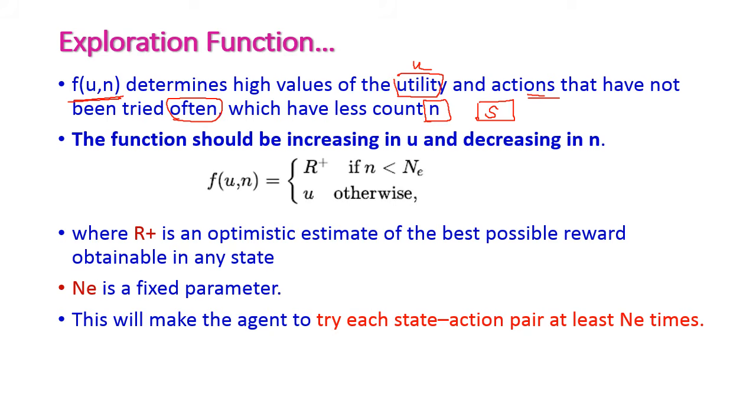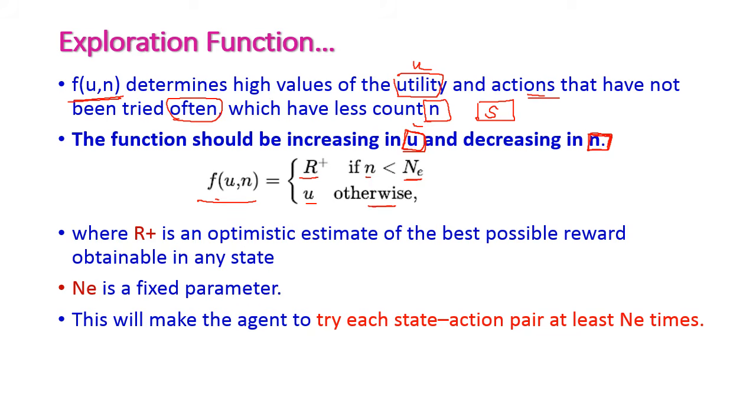Here the function should increase with the u value and decrease with the n value. So with the minimum number of times the action is tried in a state, we have to get maximum utility. Okay, f of u comma n is equal to r plus if n is less than ne, and u otherwise.